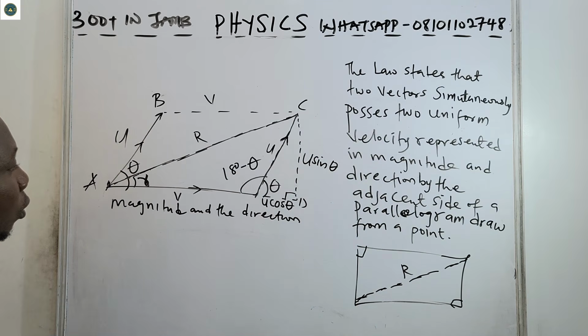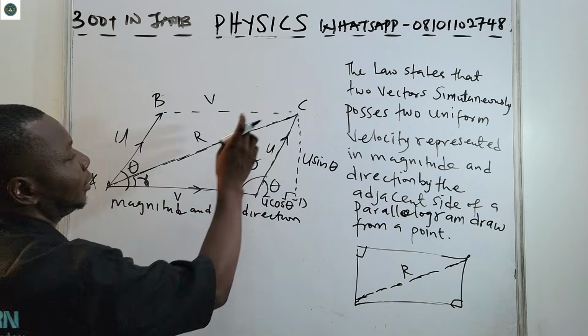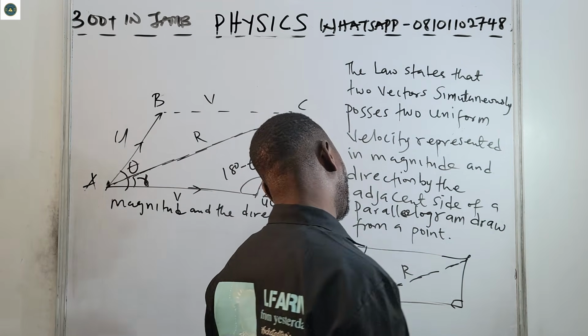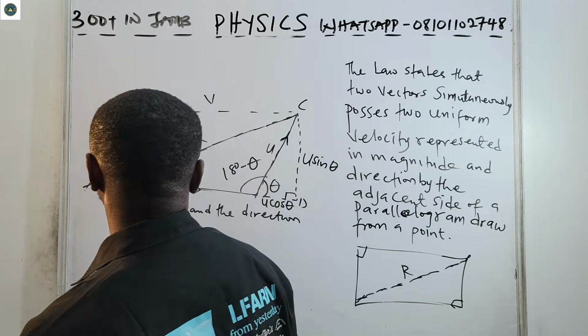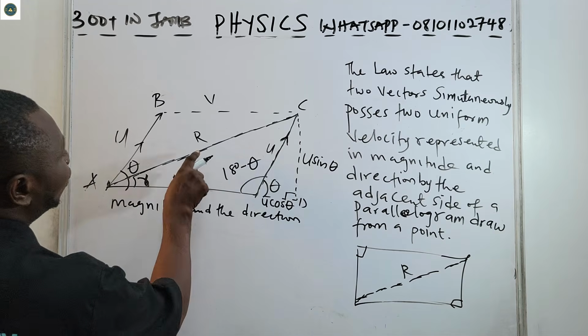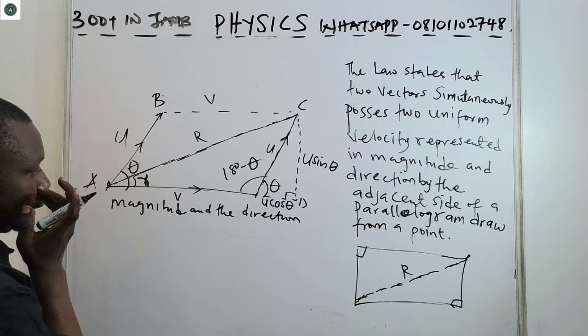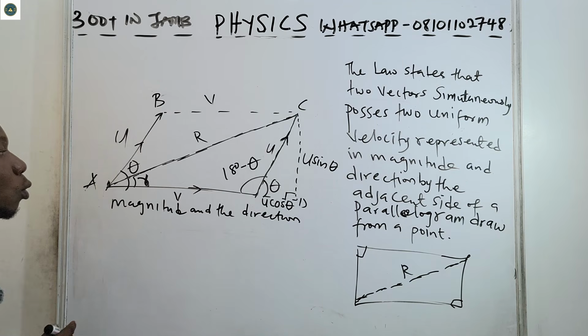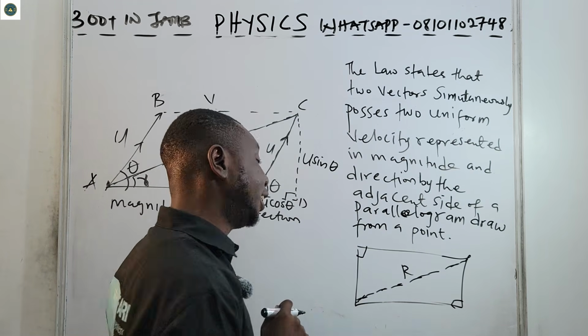Now you must also know your SOHCAHTOA: if we are considering ACD, tan theta is opposite over adjacent. Now, to get my resultant, I consider what we call the cosine rule.